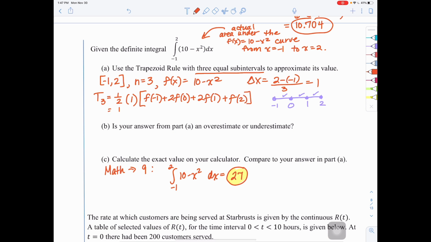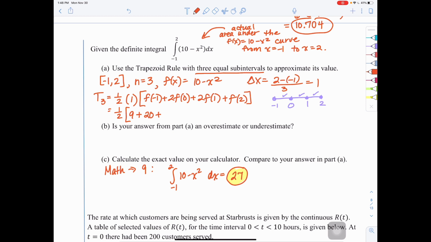Okay, so we have 1/2, and I don't think this will be difficult just to plug these in, but please check these with your calculator. 10 minus -1 squared, 10 minus 1 is a 9, plus 2 times f of 0. F of 0 is 10, and 2 times that is 20. 2 times f of 1, it's the same as f of -1, but we're doubling it this time.